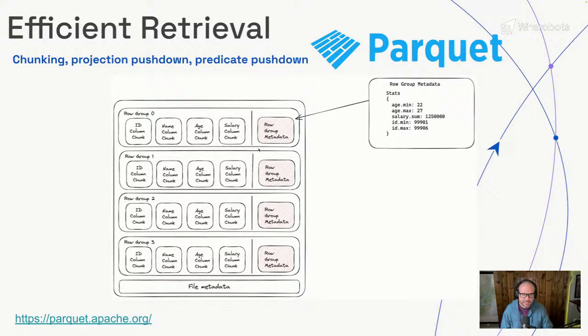I can see that the max ID only goes up to 99,906. So we can exclude this row group and move on. We can zero in on just reading the specific columns in the specific row groups where the values of our data lie, depending on the predicate of our query. So that's predicate pushdown, which enables pruning pieces of Parquet that we don't really care about, depending on our query. So efficient retrieval.